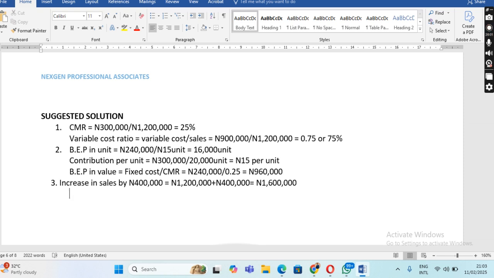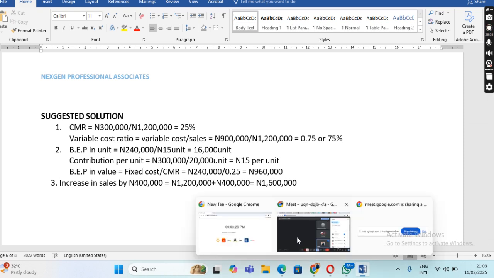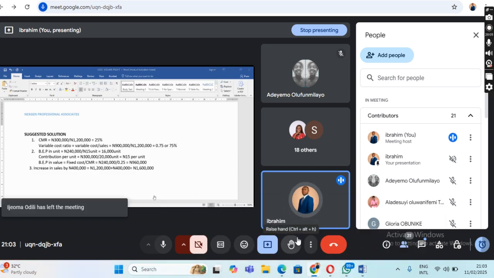Class, the next thing you need to think of is, from your formula of cost volume profit analysis, where can you see variable cost? Which formula includes variable cost, that when you want to calculate that particular item, you will include variable cost there? Who can tell me?